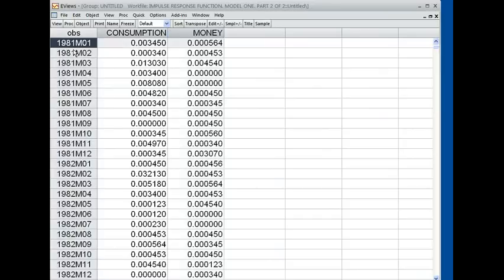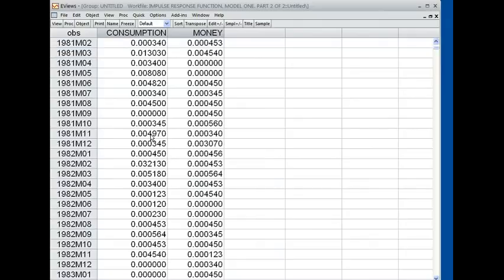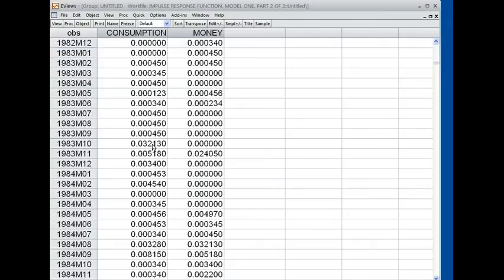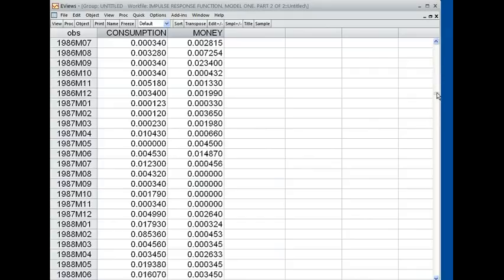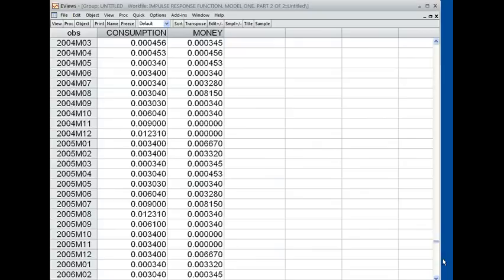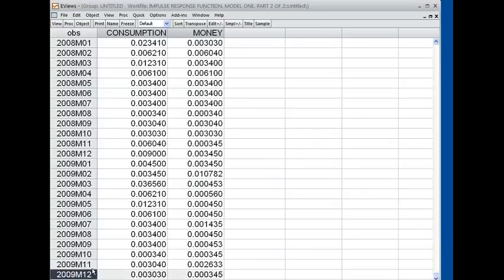The data start from 1981 month 1. This is monthly data from 1981 to, going down gradually, you can see the data ends in the year 2009.